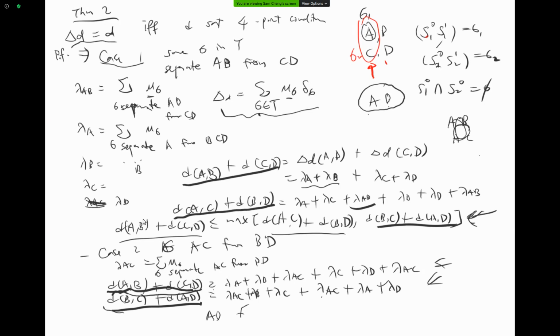Now let's try to show the reverse direction. Basically, given the 4-point condition, we want to show that delta D is equal to D. As I said, we will just use the previous lemma, that we already know that D is bigger than or equal to delta D. This is known from lemma 9 in the paper, or you can see my earlier video for that.